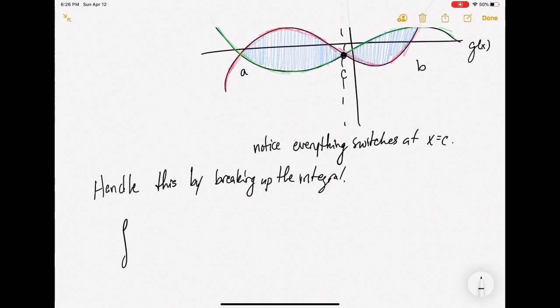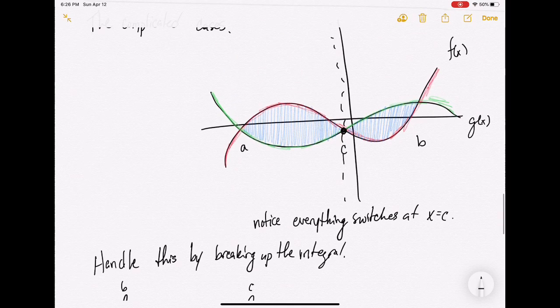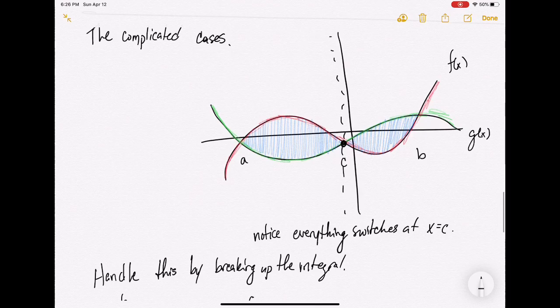So really the integral of f of x minus g of x in absolute value dx, a to b, this is equal to the integral from a to c of the top minus the bottom. And what is the top between a and c?